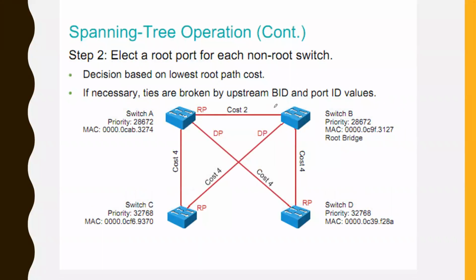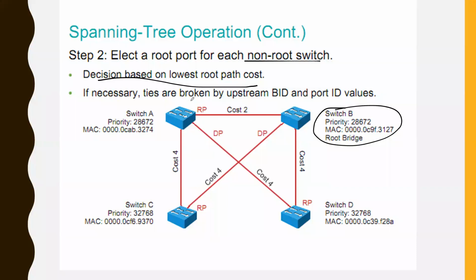Okay, great. As a second step, on our non-root switches, we will elect a root port. This we have already seen. It has been elected as a root bridge. On switch A, root port election happens based upon the lowest root path cost. So the cost to reach the root bridge will be considered in order to select the root port.